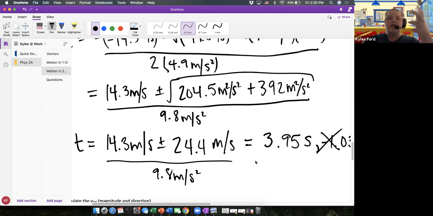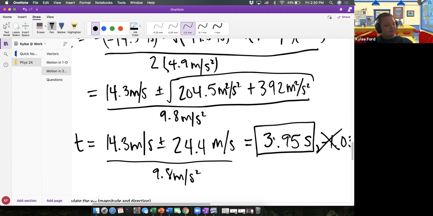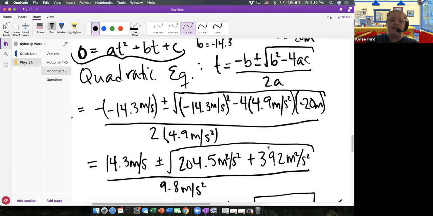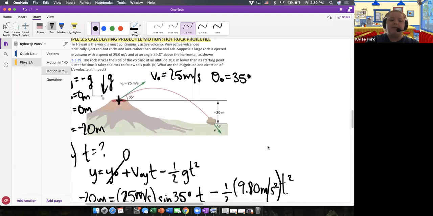Earlier, I talked about how if you ever get a negative value for time, it's not a good value, so throw it out. We keep the positive value. That is the time it will take my rock to follow that trajectory and end here.